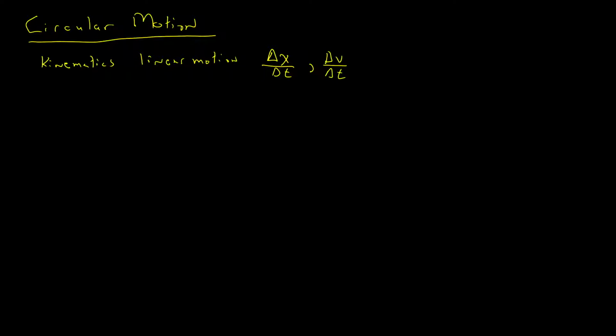In circular motion, we're going to have a parallel. We're going to look at the change in angular displacement over time, and compare that with the change in angular velocity over time. And so there's a parallel here between linear position and angle.